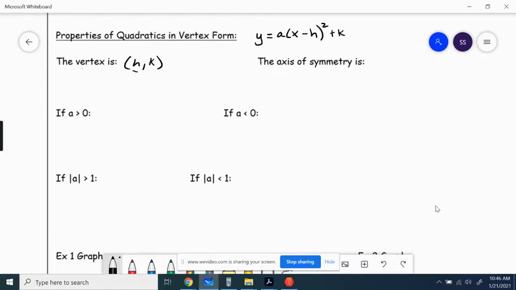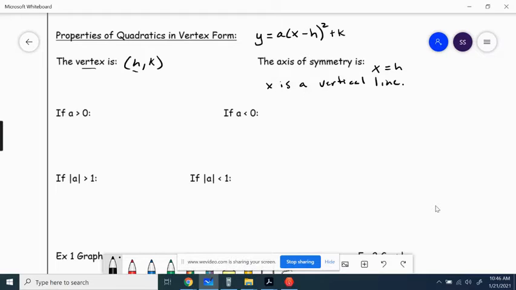So when you're looking for the vertex, it's always the opposite of what's inside your equation. The axis of symmetry is where x is equal to h, and it is a vertical line. Okay, and if a is greater than 0, what happens?